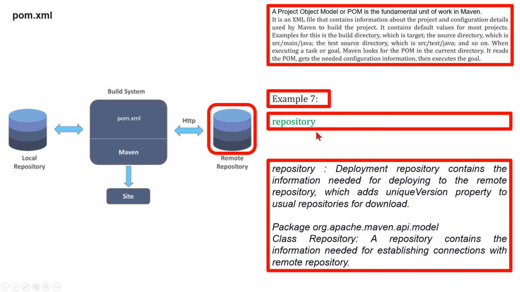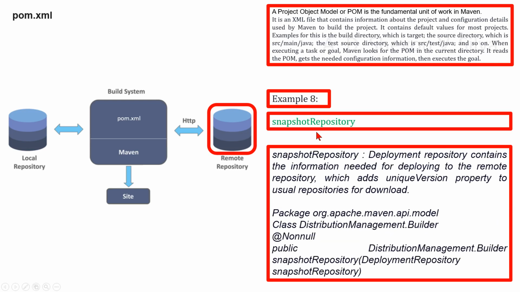Repository: the deployment repository contains the information needed for deploying to the remote repository, which adds a unique version property to usual repositories for download. Regarding API, we can consider class Repository in package maven.api.model. The repository contains the information needed for establishing connections with remote repository. Snapshot repository: the deployment repository contains the information needed for deploying to the remote repository, which adds a unique version property to usual repositories for download.